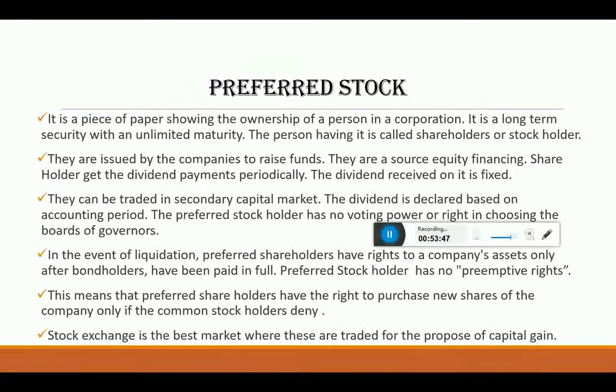The fourth difference is that they are given preference over the common stockholder at the time of liquidation, just like bonds. After the bondholders, preferred stockholders are paid for their investment that they have made in the company in case of liquidation. So the rest, they are just like the other stocks.